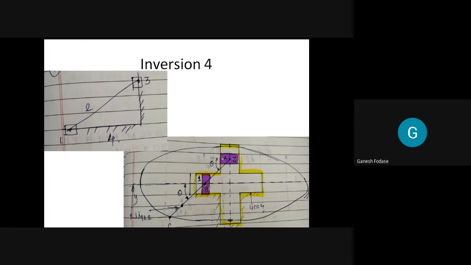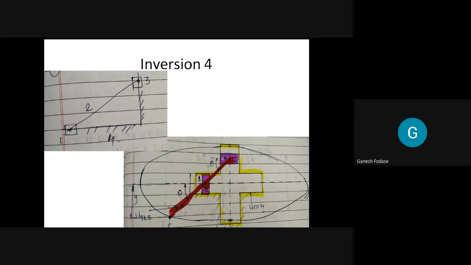What about link 2? Now tell me which kind of pair is formed between link 2 and the other links. Links 2 and 1, and 2 and 3, have turning pairs. So this is the link I'm showing, link 2, forming a turning pair with link 1 and link 3. You can see the turning pair here and here. Now the pairs are known to you, but how does it work?